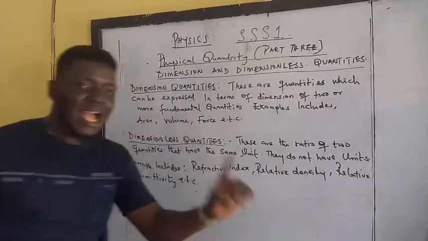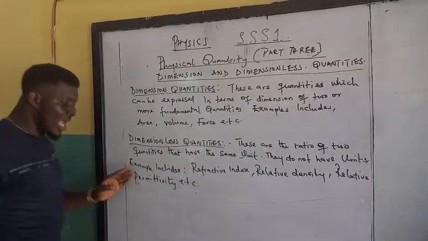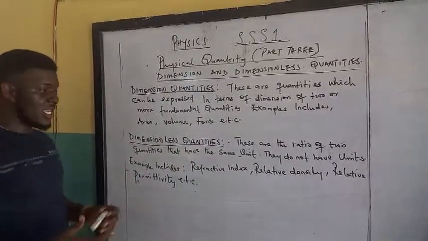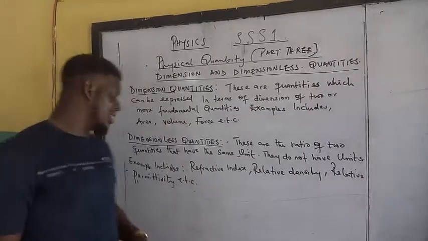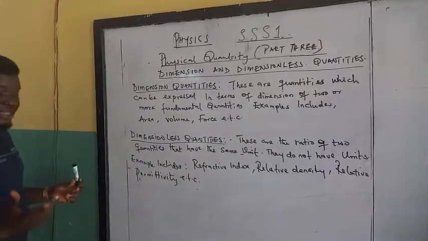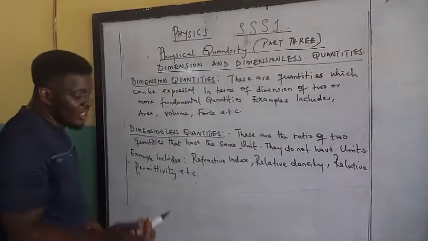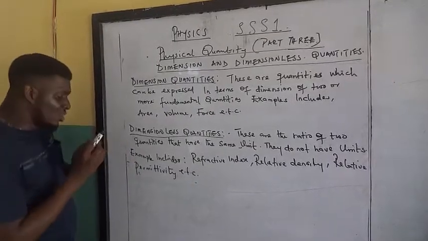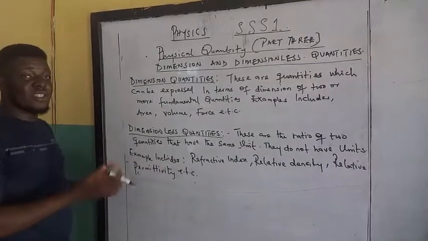They do not have units. I will explain. Examples are the refractive index, the relative density, and the relative permittivity. Let me give you a little example.